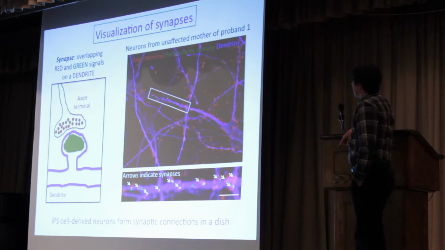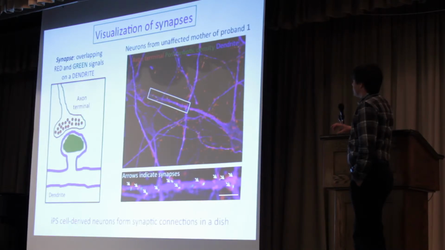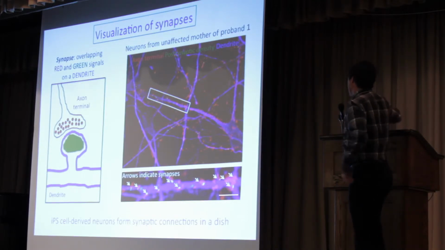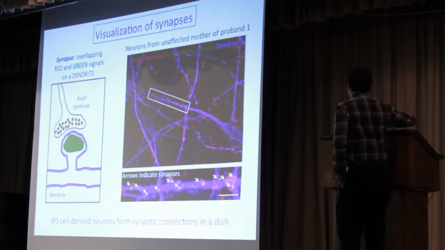On the right-hand side here, the dendrites are labeled in blue, the axon terminals are in red, and the postsynaptic density on the dendrites are in green. You can see down here where the arrows indicate the synapses, and you can count up how many synapses you have. That's the connection between different dendrites.